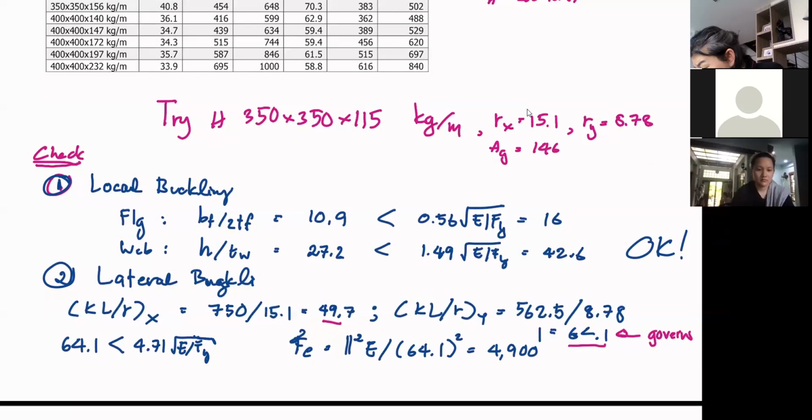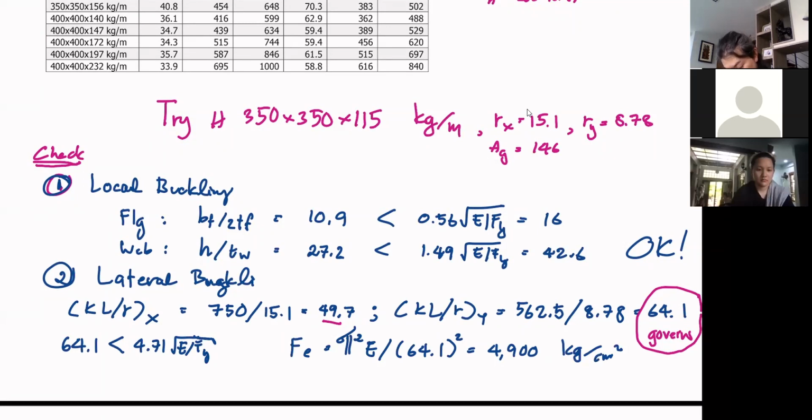Oh, that looks like a mess now. So this is 64.1, and instead of drawing the arrow, you can just draw a circle instead. Perfect. So that's Fe, pi square. Okay, so that's kilogram per square centimeter.